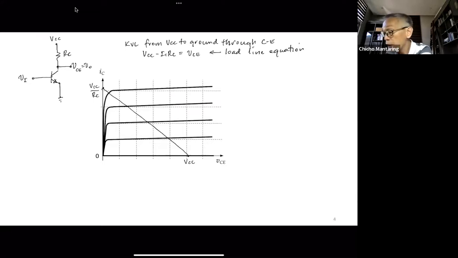Your operating point is where the load line intersects with the characteristic curve corresponding to IBQ. So a certain IBQ, let's say IBQ, this is the base current at the operating point.